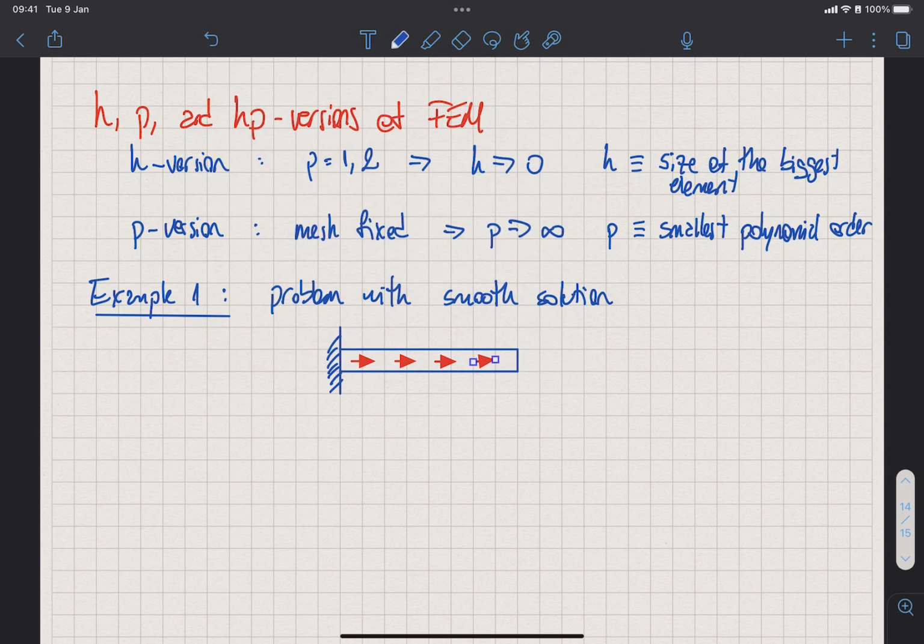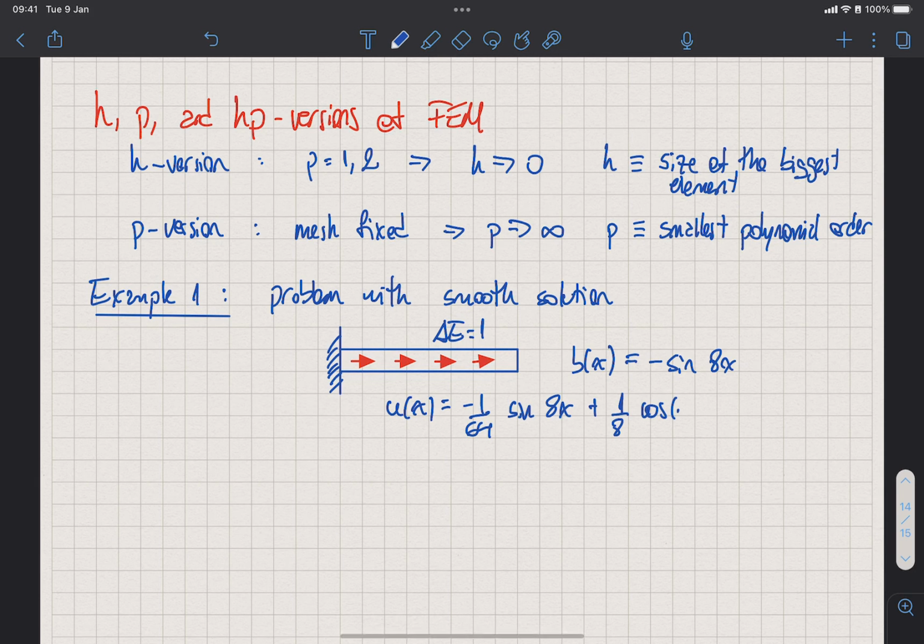That is my body force. We assume that AE is equal to 1, our axial stiffness modulus. If we take a body force that is this function, sine of 8x, a trigonometric function, you can actually show that the exact solution for this problem has this form: 1 over 64 sine of 8x plus 1 over 8 cosine of 8 times x.